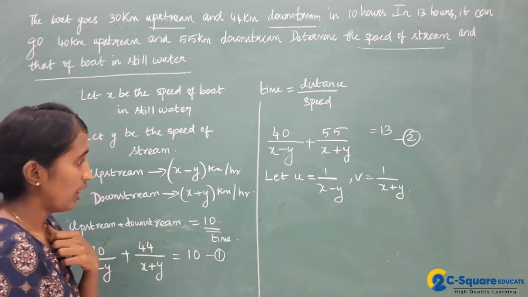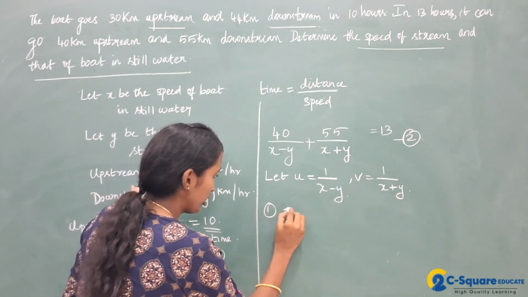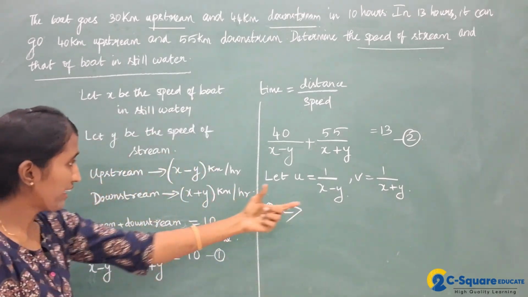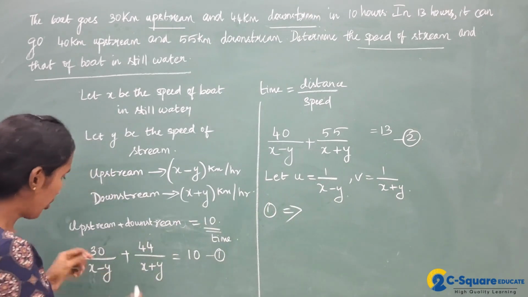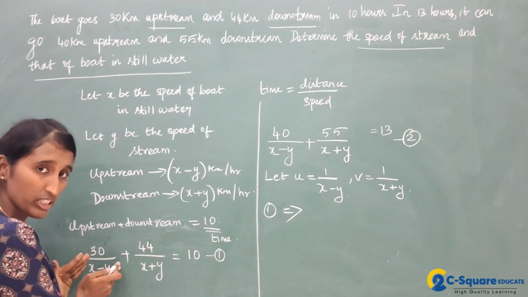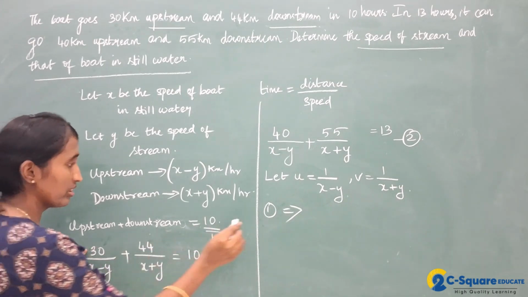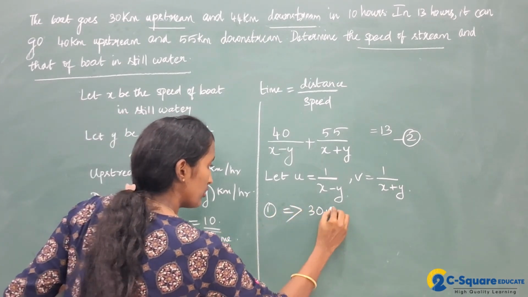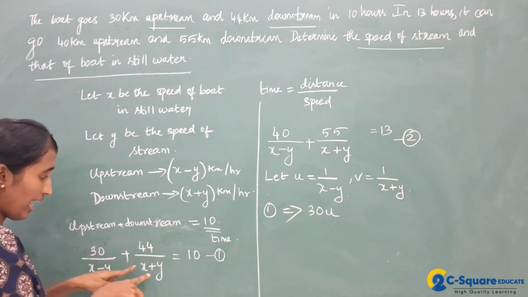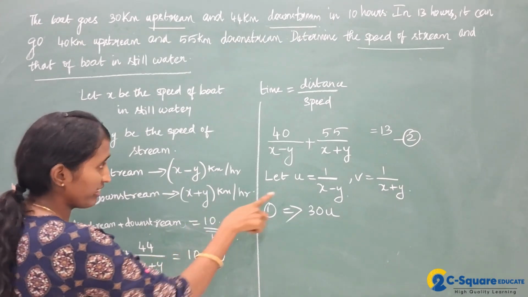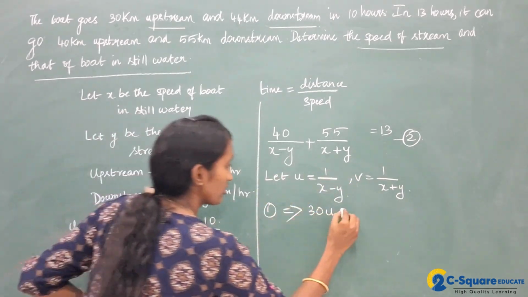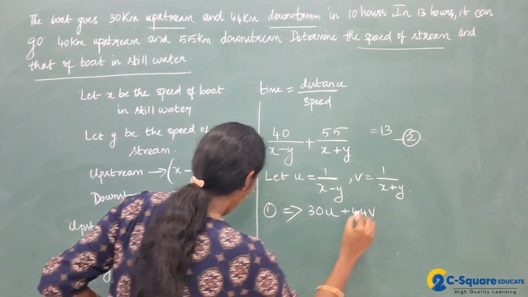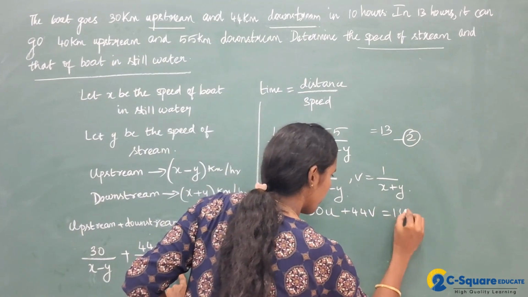Now, what happens to the first equation? I replace 1 by x minus y with u, so it becomes 30u, and 1 by x plus y is v, so plus 44v equals 10.